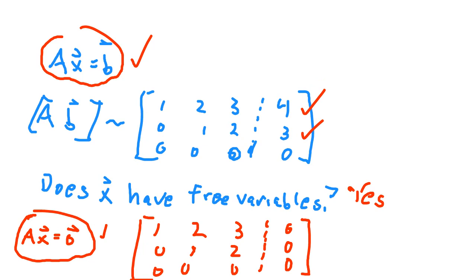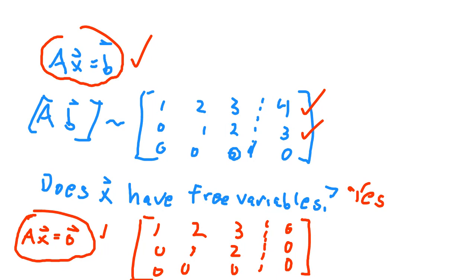So if the dimension of the null space of A is 0, there's no free variables, and that means the non-homogeneous system of equations will also have no free variables. An example of this would be something like this.